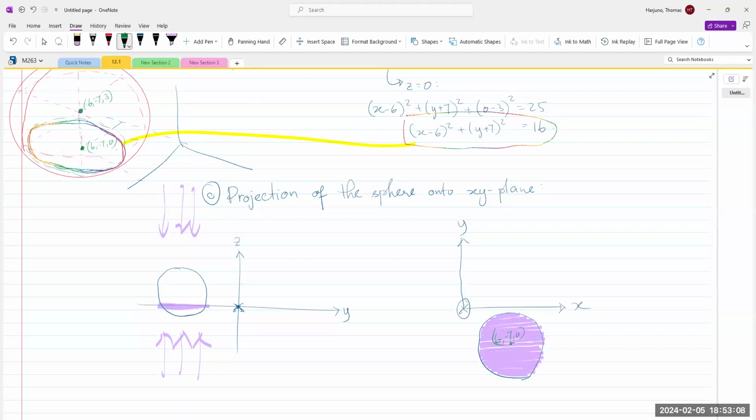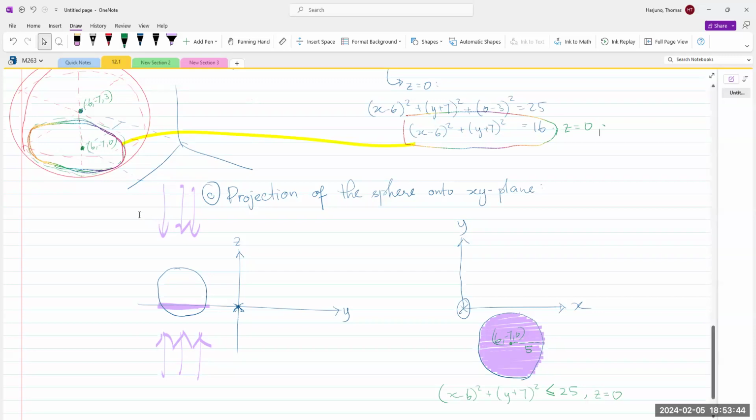Now the radius will be 5. What is the equation? The equation will be (x - 6)^2 + (y + 7)^2 <= 25. But it has to be on the xy plane, right? For z = 0. Actually, this one is also for z = 0 because it is on the xy plane.